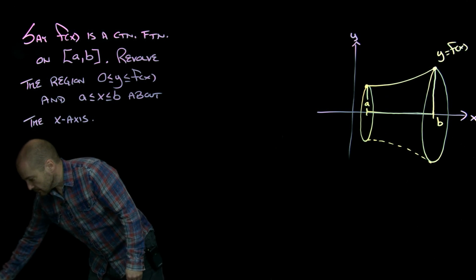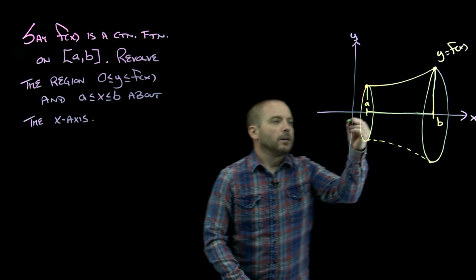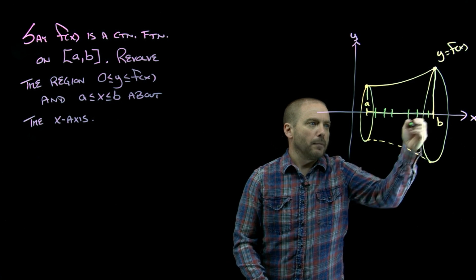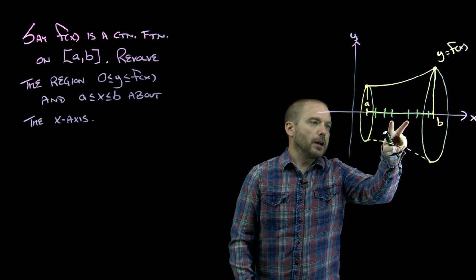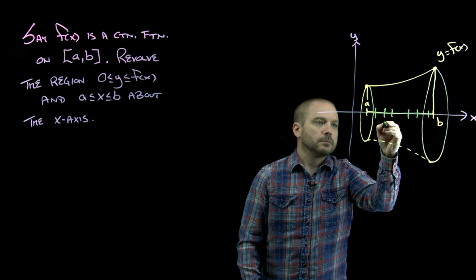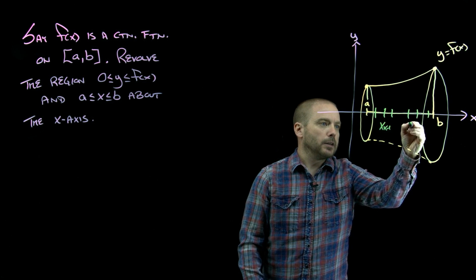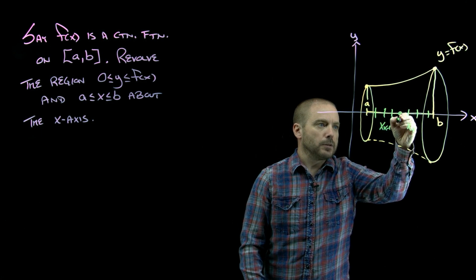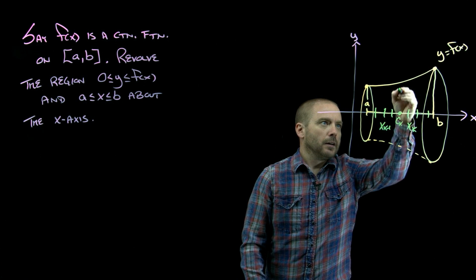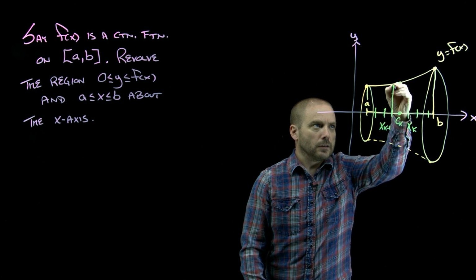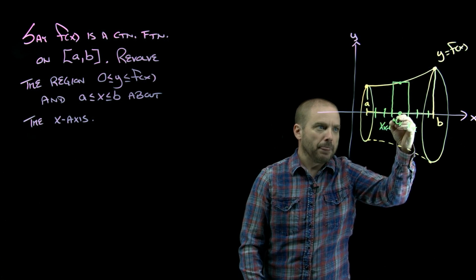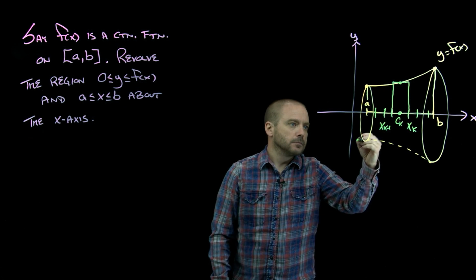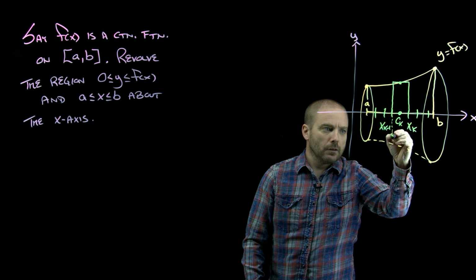So you'd have some partition here from a to b, and I'll just look at one arbitrary from x sub k minus 1 to x sub k. Remember, you pick some point in between there, c sub k. And we'll assume that our function is constant over our subinterval from there to there. Now we revolve that rectangle instead of the curve. So I'll draw a mirror image here.